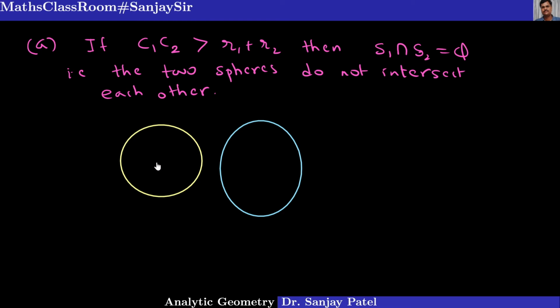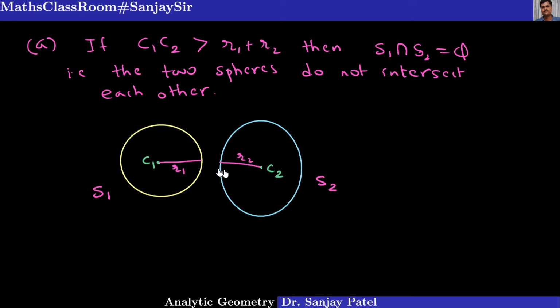So the center of the first sphere is here, say C1, and the center of the second sphere is here, say C2. Let me call the two spheres S1 and S2. This is the radius of the first sphere, R1, and this is the radius of the second sphere, R2.